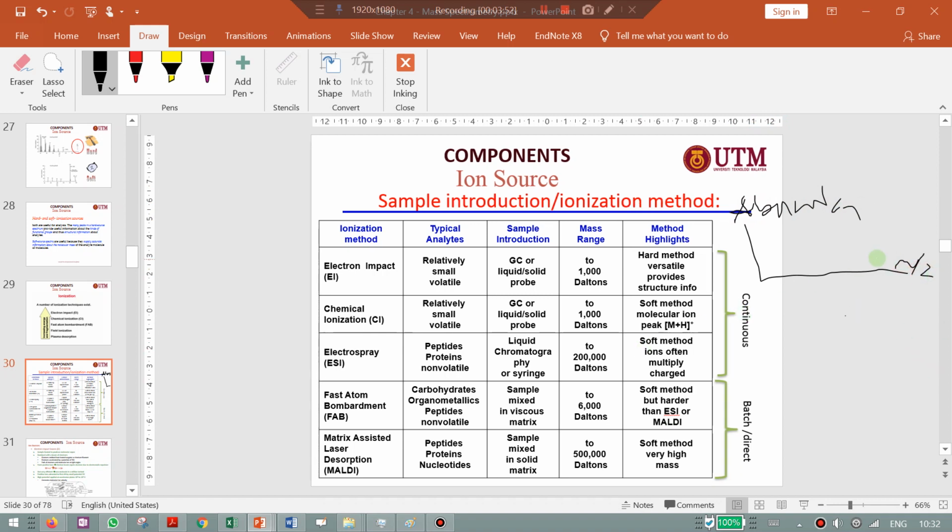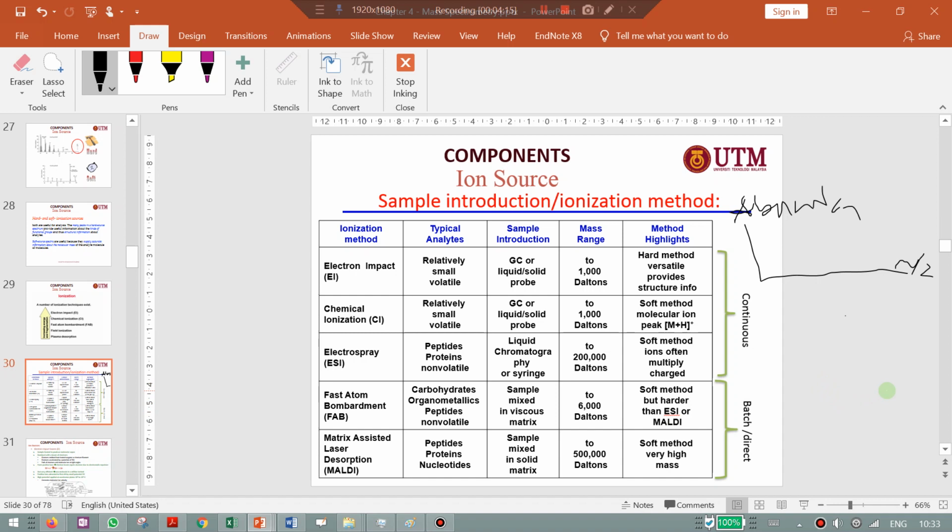So at electron impact and chemical ionization, we can cover until 1000 only. But as we go to the softer technique, the m/z ratio, mass to charge ratio, or molecular mass, we can cover to 200,000, 500,000. It depends on what kind of analyte you want to analyze.